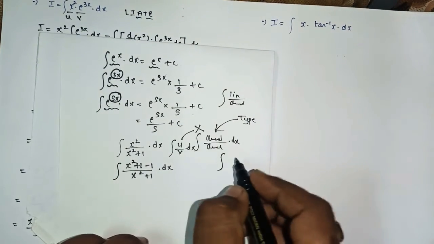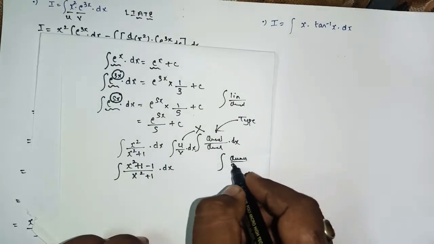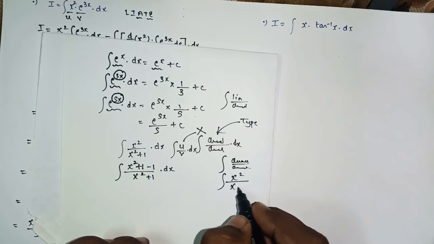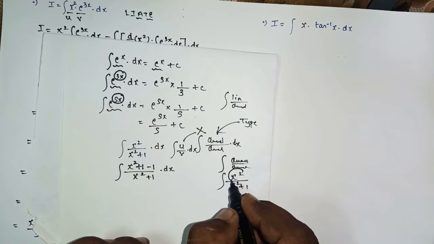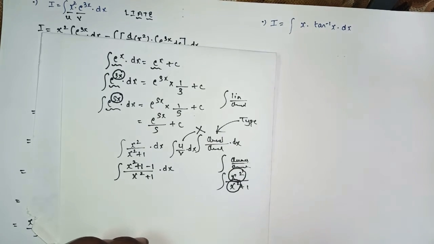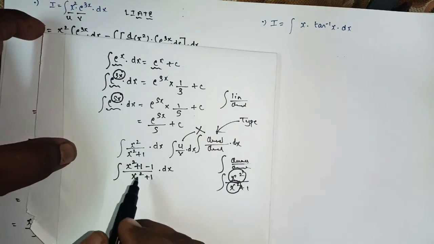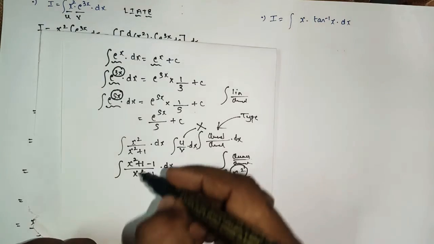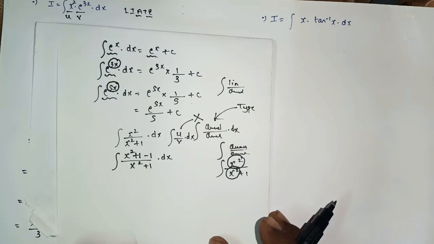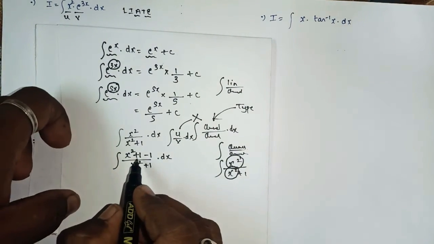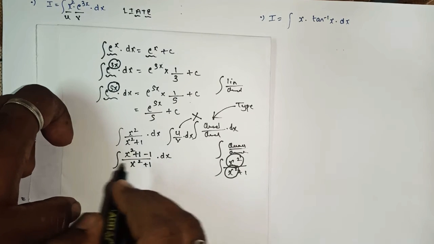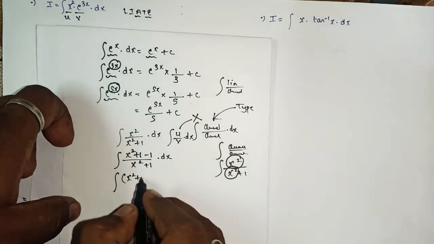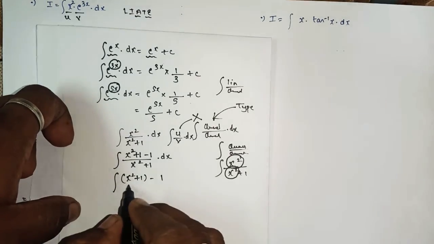Whenever you come across a quadratic upon quadratic function like this, x square plus 1, these two parts should be same, then only you can do this basic adjustment to find the answer of the integral further. So adjust the numerator with plus 1 and minus 1. Now we'll keep this x square plus 1 in one bracket and minus 1 separately.